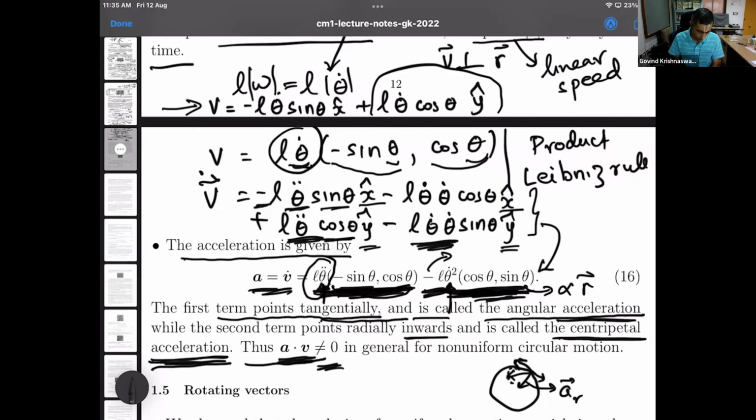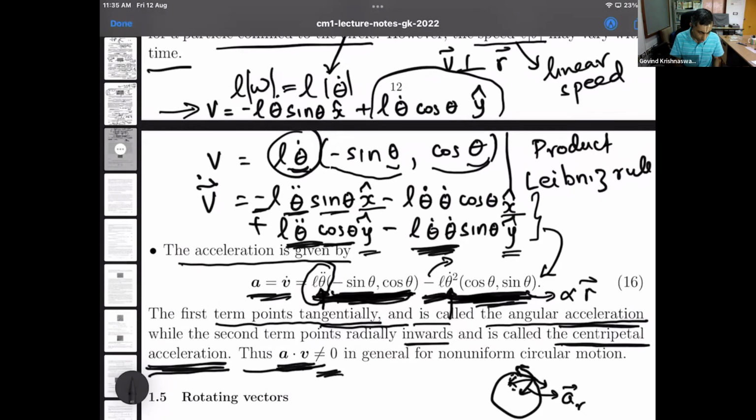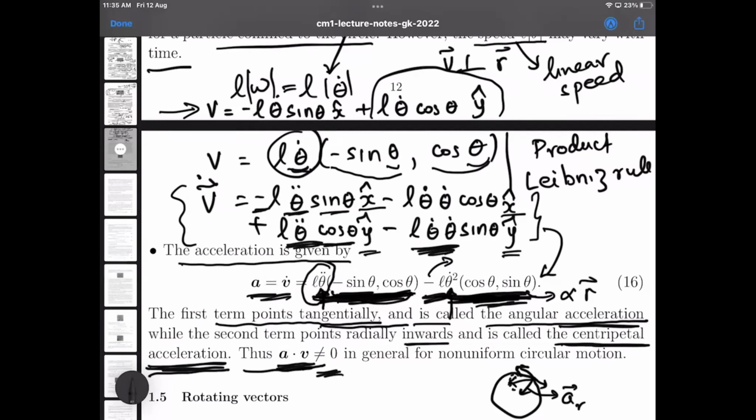Now, can you tell me how I can take the limit of uniform motion? What will happen to these formulae? How do I reduce to that case? Which terms can I omit? Sir, terms containing theta double dot. Very right.